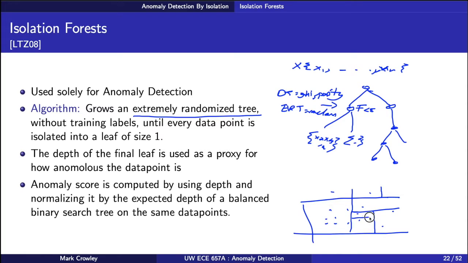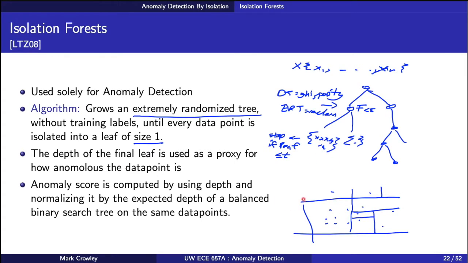So in isolation forest, the idea is we're using isolation. Usually we train these down until we get to some size that's reasonable, and then we stop, if the leaf is less than or equal to some threshold. We just leave it that size because we want to build a classifier based on it.